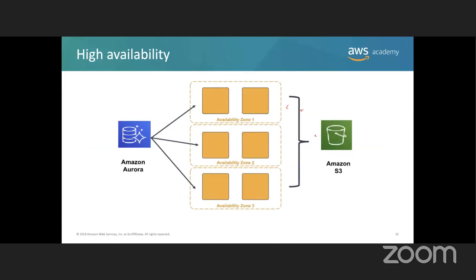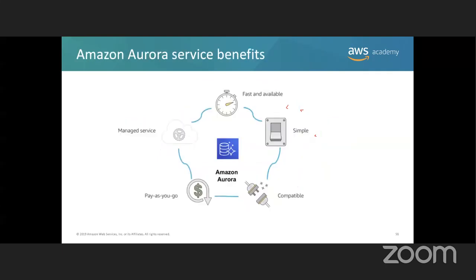I said here that it replicates 6 copies across availability zones, and it can use up to 15 read replicas to reduce the possibility of losing your data. So up to 15 read replicas, on top of the 6 copies that it makes.